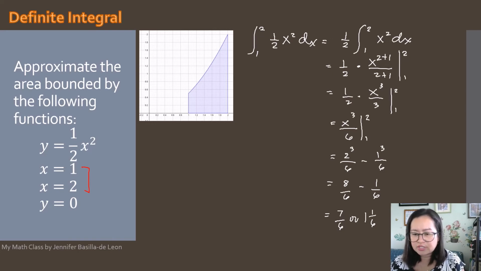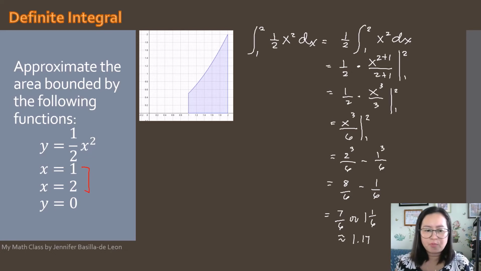In decimal, it is approximately equal to 1.17. Okay, which is closer to the value that we got when we used the midpoint Riemann sum formula.